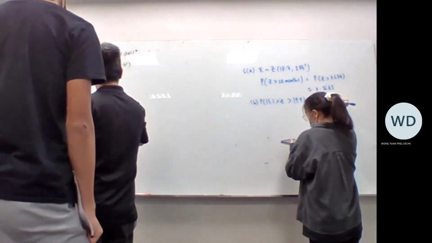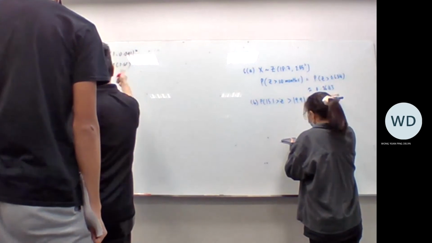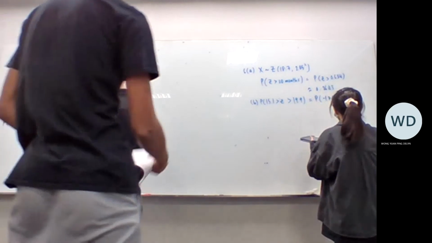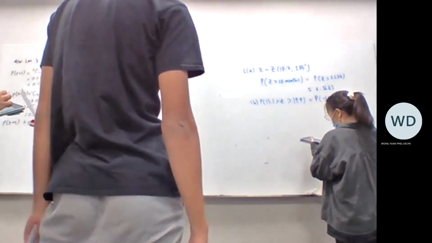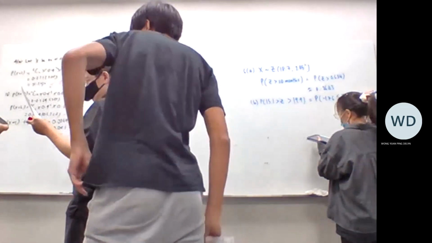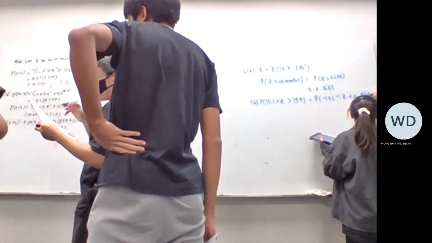It's just 1 minus this. What's the question? At least one box with 5 to 8.